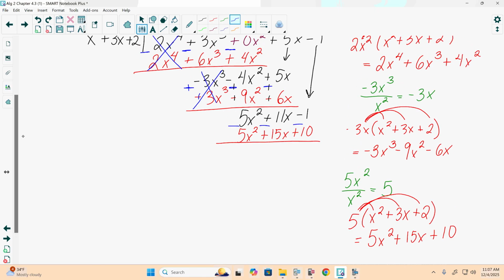And then we will subtract, yes? 5x squared minus 5x squared. 5 minus 5, 0. 11x minus 15x. 11 minus 15, negative 4x. And negative 1 minus 10, negative 11. Do I have another term to bring down?